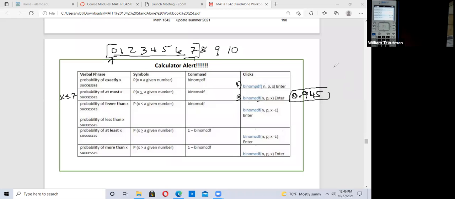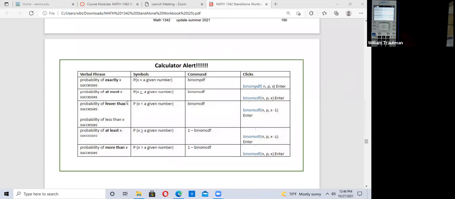All right. The next one, stop me if there's any questions. The next one is the probability of fewer than 7. So if I go 0 correct, 1, 2, 3, 4, 5, 6, 7, 8, 9, or 10 correct, what's the probability of getting fewer than 7?